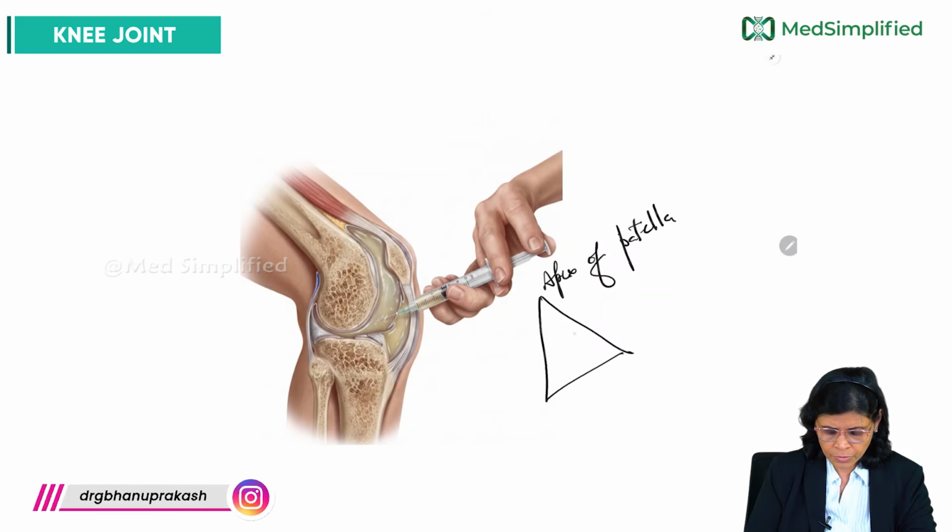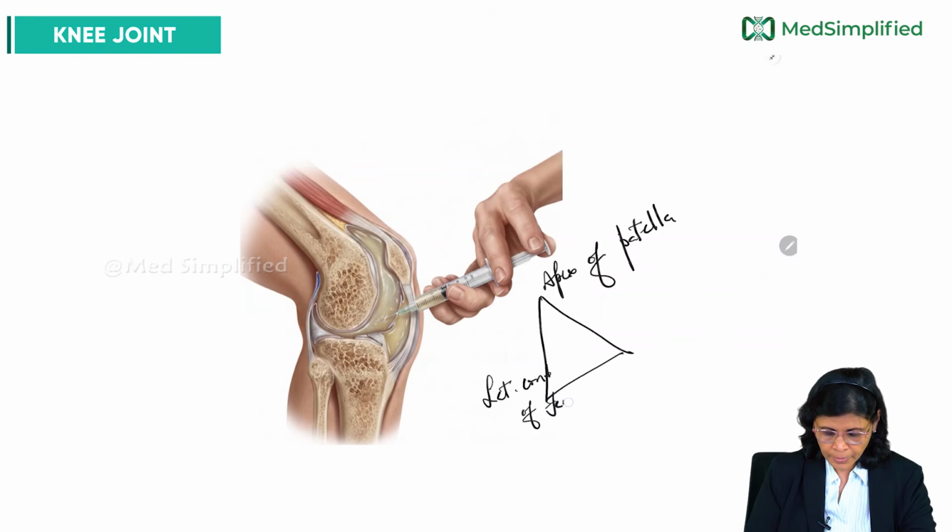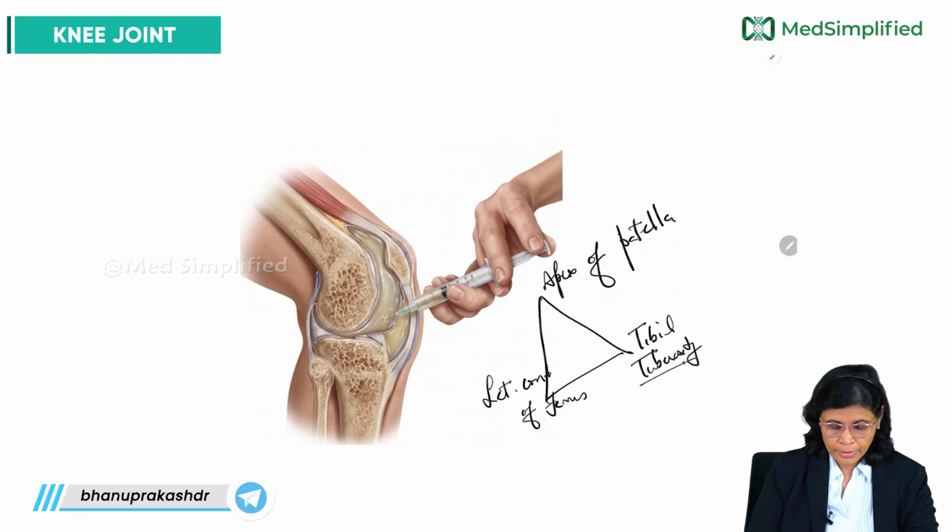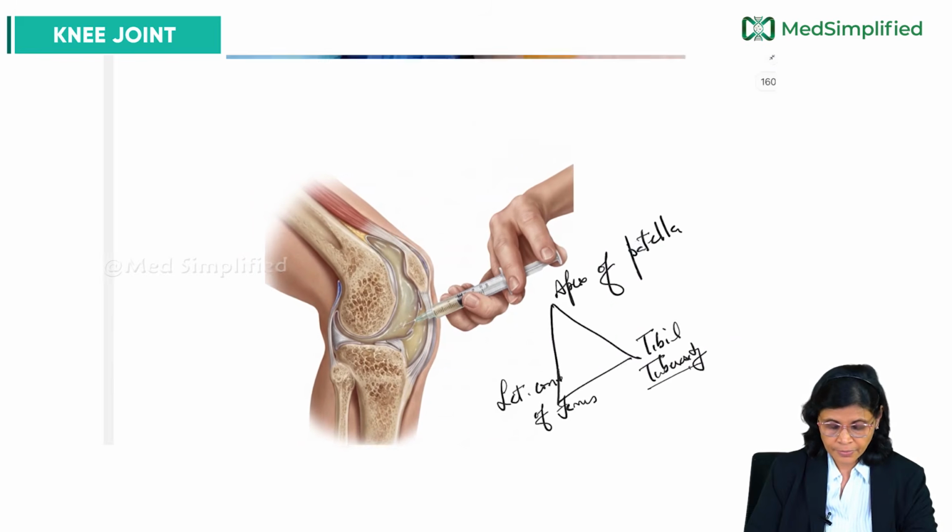So it is between these bony points: one is the apex of the patella, then we have the lateral condyle of the femur, and the tibial tuberosity. These three bony points are used as landmarks, and from there we do the arthrocentesis.